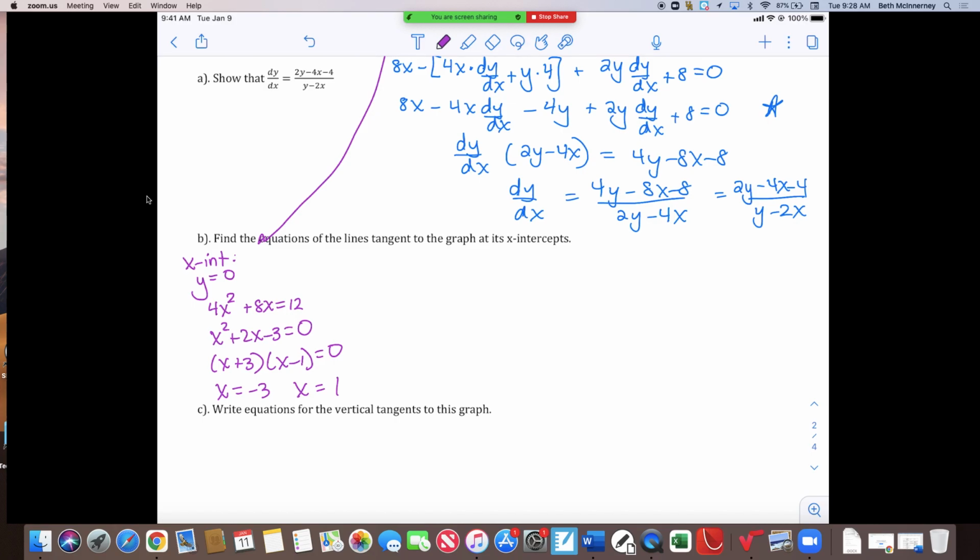So this means I have 2 tangent lines, one at x is negative 3 and one at x is 1. So I'm going to write 2 equations. My slope is dy dx, and I want it at negative 3, 0.